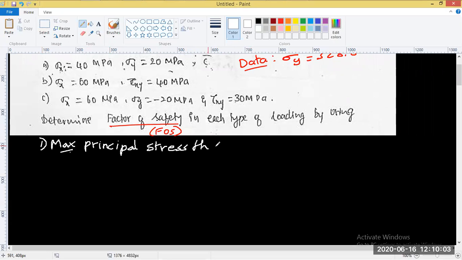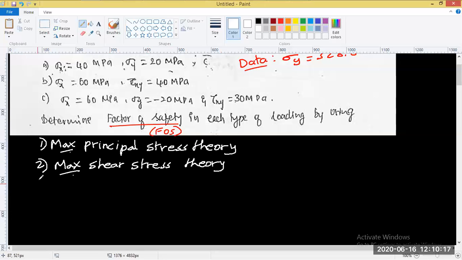The second one is maximum shear stress theory. And the third one is distortion energy theory.